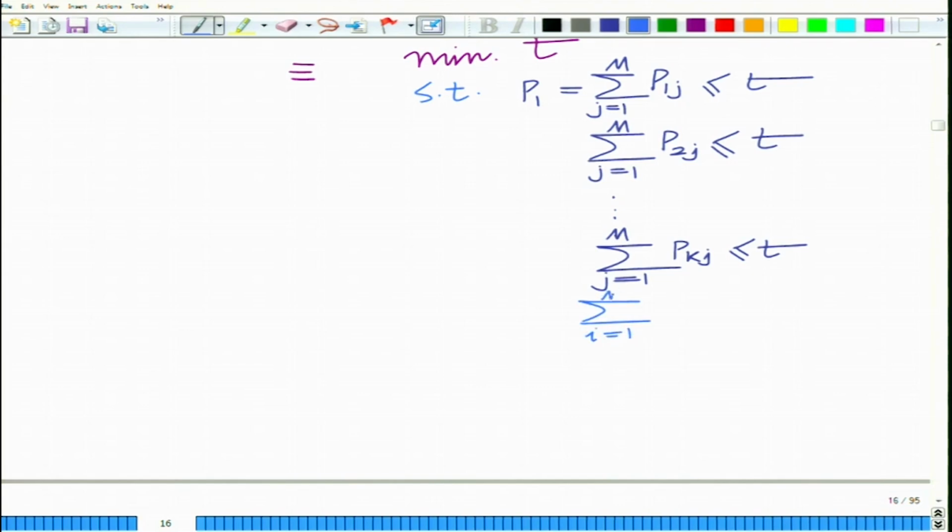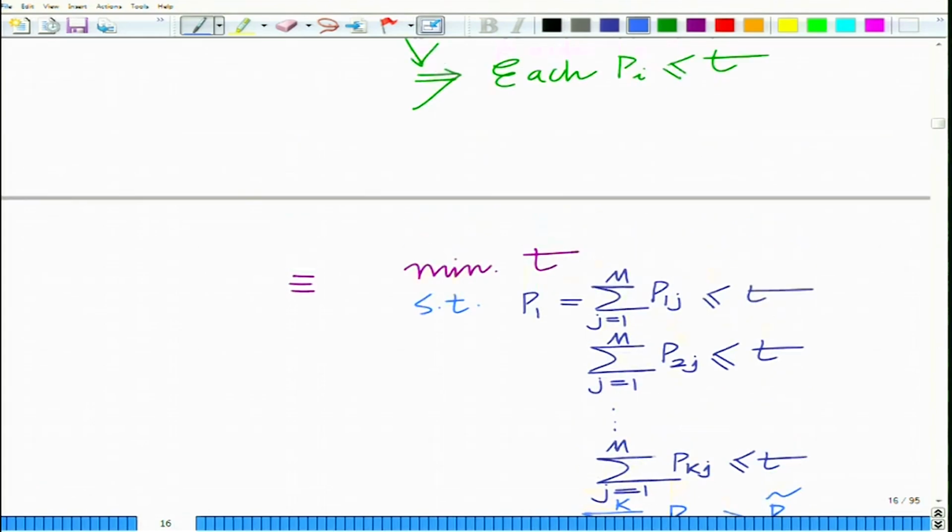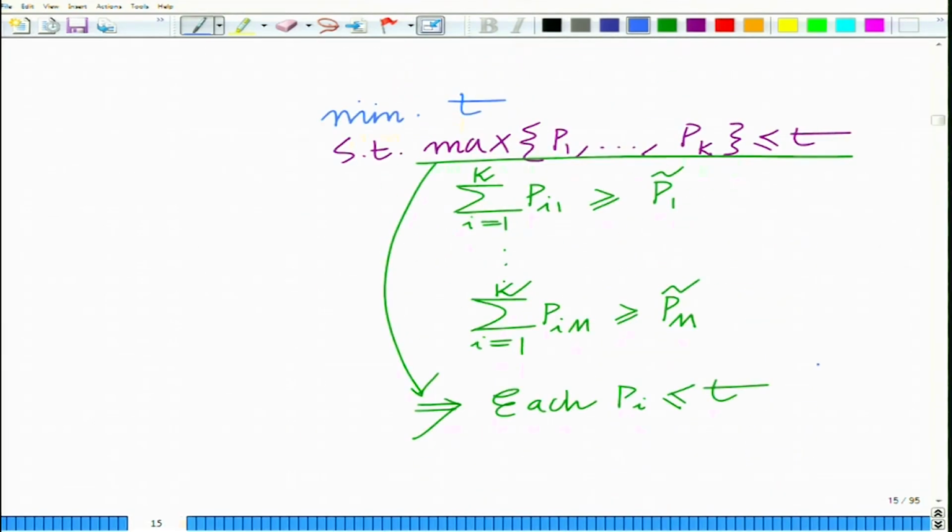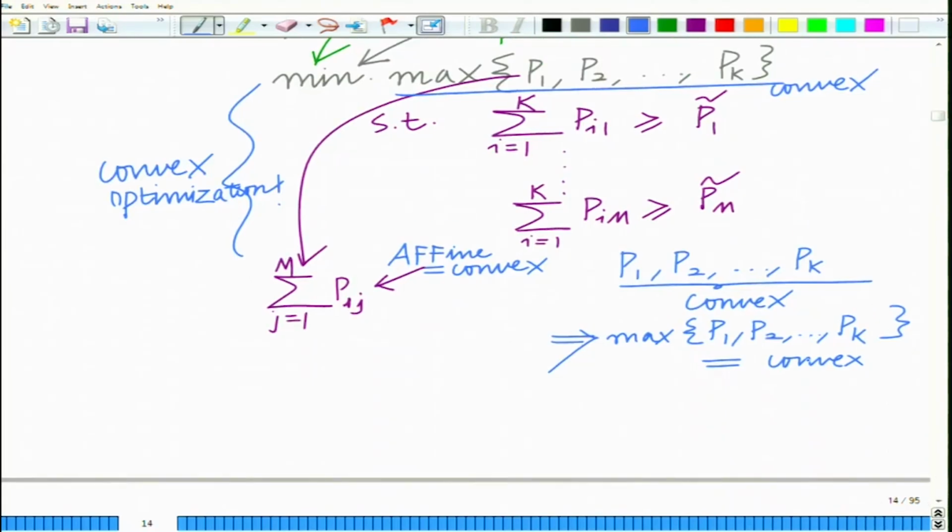So, summation i equal to 1 to k Pi1 greater than or equal to P1 tilde, summation i equal to 1 to k Pim greater than or equal to Pm tilde. I am sorry, I am missing the channel gains. The channel gains are very much there.